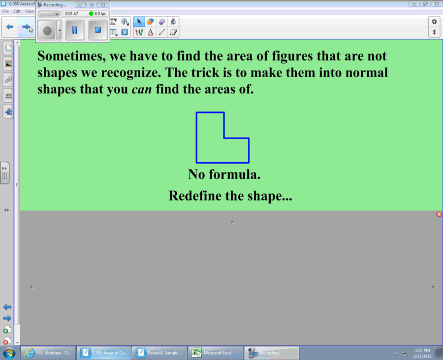For example, if you look at this hexagon that's up there, it's not a typical hexagon that we're used to. It's not a regular hexagon. It's just a six-sided polygon. But aside from the word hexagon, we don't have a formula that goes with this thing. And besides the word hexagon, we don't even have any language really to describe it other than it's a concave hexagon, but there's no formula.